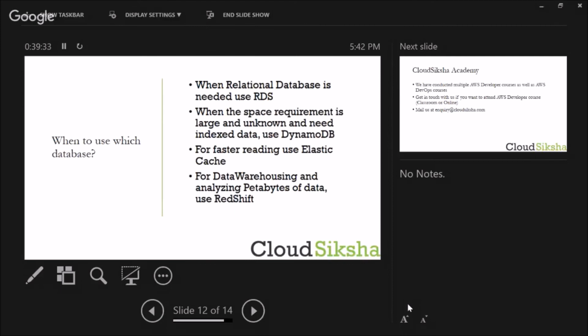So that's an idea of what databases to be used where. Most of the time, your questions are going to be around this, in the sense that they ask you, this is my requirement, which database is better to use. Then you know what needs to be used.